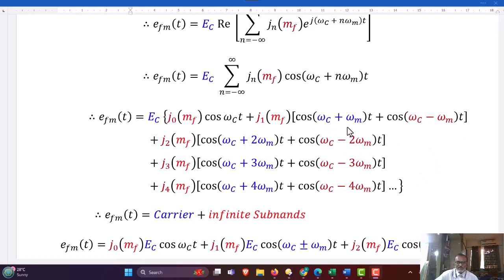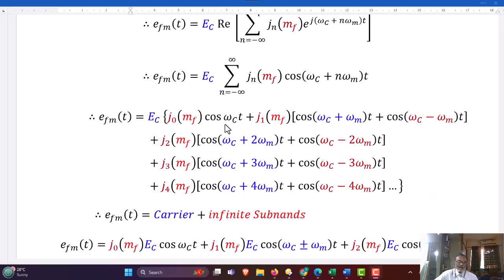One frequency is ωc + ωm. Second frequency is ωc − ωm. Third frequency is ωc + twice ωm. Fourth frequency is ωc + thrice ωm. Fifth frequency is ωc + 4ωm and so on. Whereas the difference frequency components vary from ωc − twice ωm, ωc − thrice ωm, ωc − 4ωm and so on.